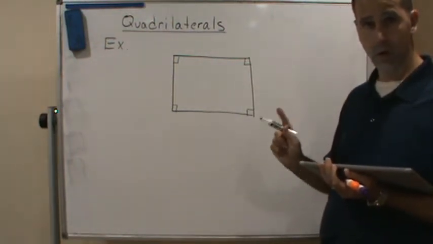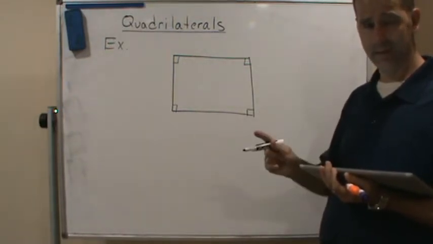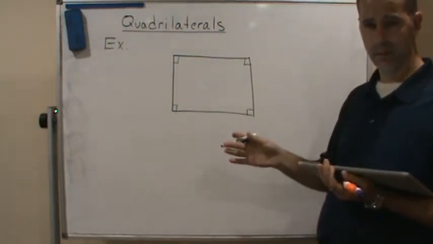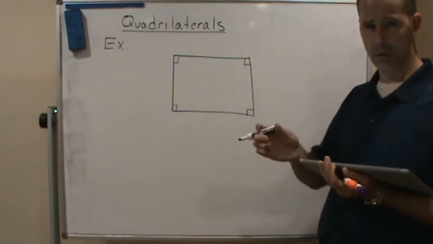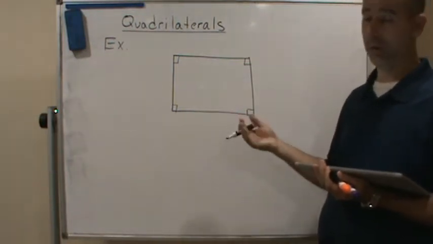2 millimeters longer than its width. So whatever the width is, the length is 2 millimeters longer than that. So do we know what the width is? No, we don't know what the width is.